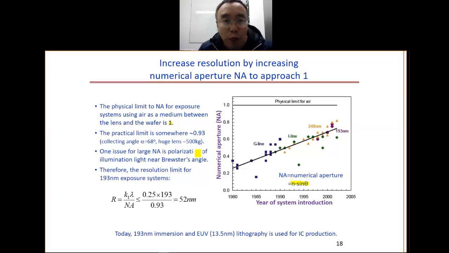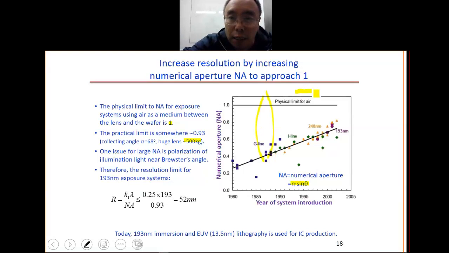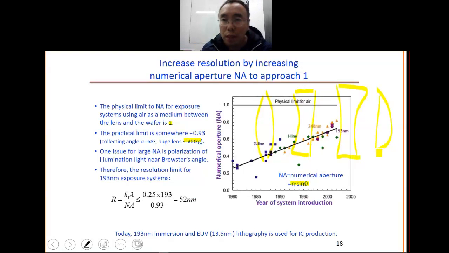For this one, we already need a very, very big lens. It's 500 kilograms. As you know, for a camera, the lens is not a simple lens. It's a stack of many lenses. You got one lens like this, another lens maybe like this, another one like this, and all the lenses together are effectively one lens.